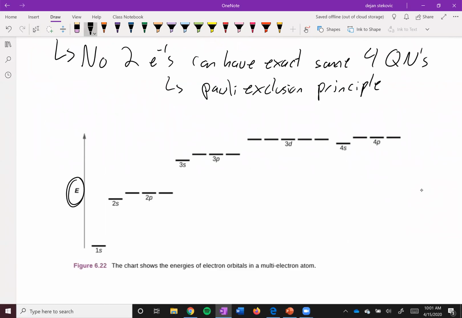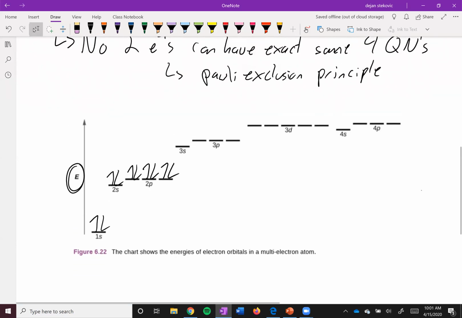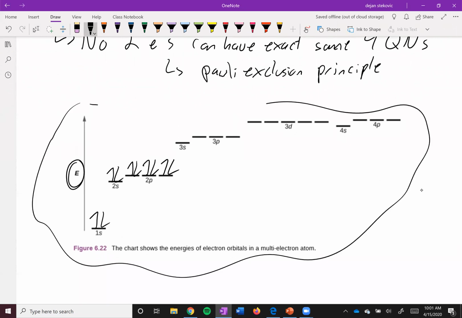You can see we have energy right here. We're going to fill from the bottom. We put one electron there, and it's going to be spin up. Then when we put another electron, it's going to go there. Now this orbital is filled, so we can't put any more up. We have to go to the next highest, and so on and so forth. We'll discuss how to fill these in greater detail coming up. You don't have to memorize this diagram.